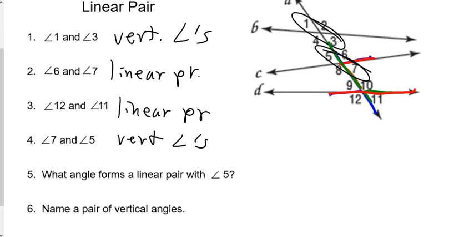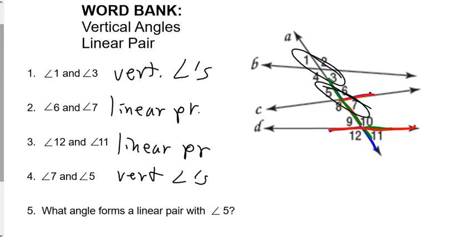What angle forms a linear pair with 5? Well, there's more than one, so let's see where 5 is. Let's clean this up. Where's 5? 5 is right here. Okay? Well, there's two ways to go. We could say angle 6 makes a linear pair right here, but we could also say 8 forms a linear pair this way.